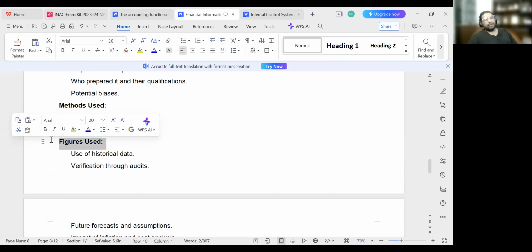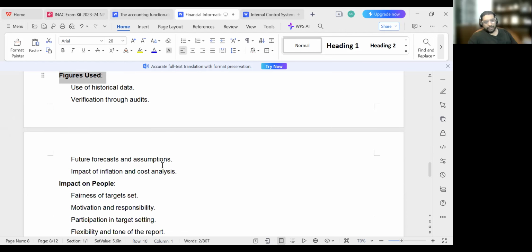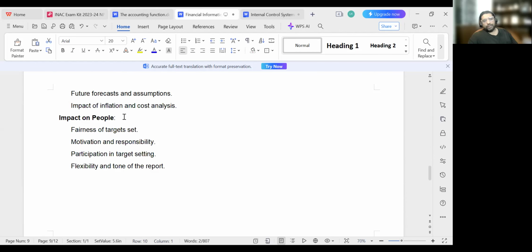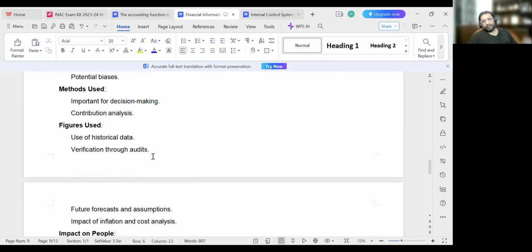For example, if you are forecasting 5-year sales of a company, which figures are you using? Are those figures reliable? That's a big question. And what's going to be the impact on people from those management reports?